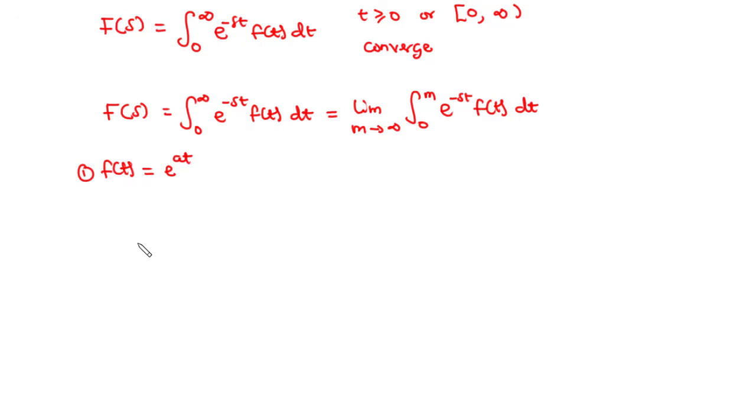So we can as well represent the Laplace transform of a function as L, and then we have the Laplace bracket of the function, and then we have e to the power at.